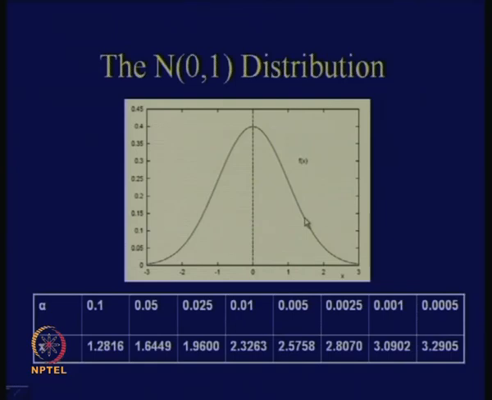Whether this 5% is tolerable or not depends upon my requirements. If it is not tolerable, then I will say 2.5%. In that case, I will look for values which are beyond 1.96. But there are issues, which I will come to in detail. So this is the basic idea of a normal distribution.